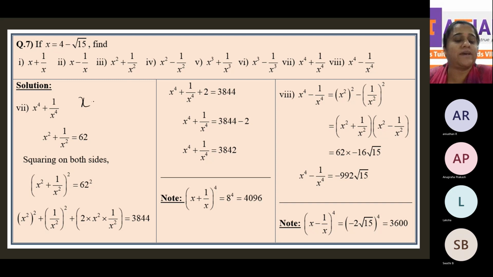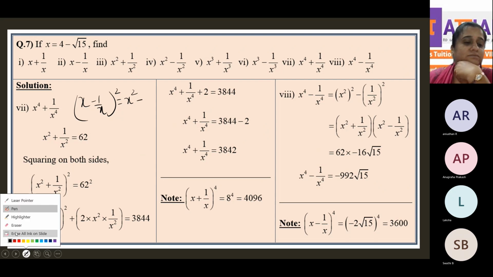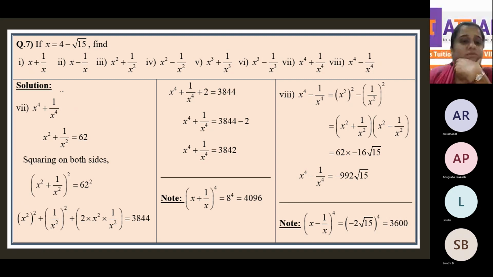Fine. What is x minus 1 by x the whole square? Swati, expand this. x squared minus 2 into x into 1 by x plus 1 by x the whole square.